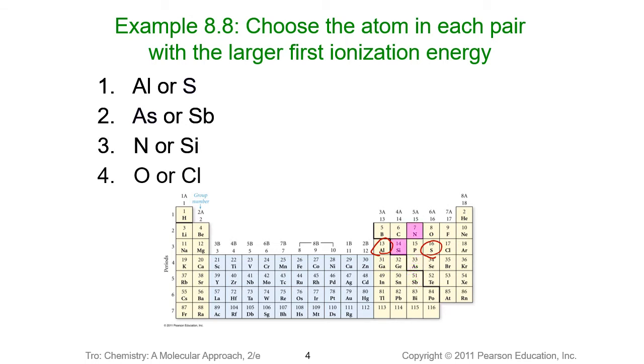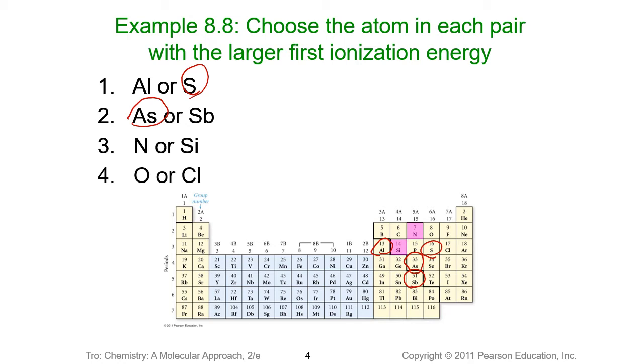If we look at arsenic and antimony, arsenic is 33, antimony is 51, so arsenic is further up the periodic table. It would have a higher first ionization energy.